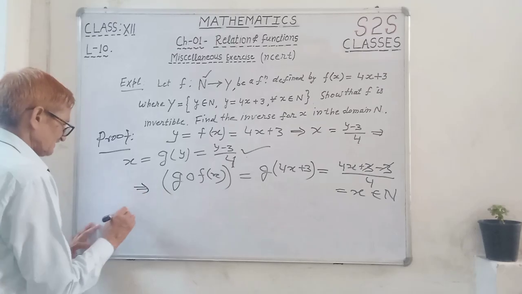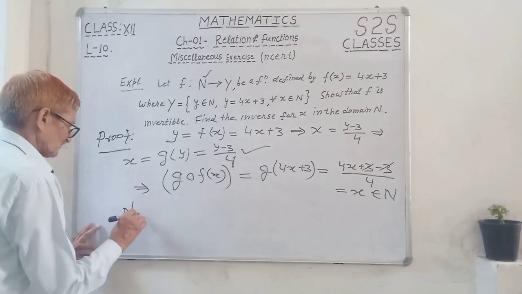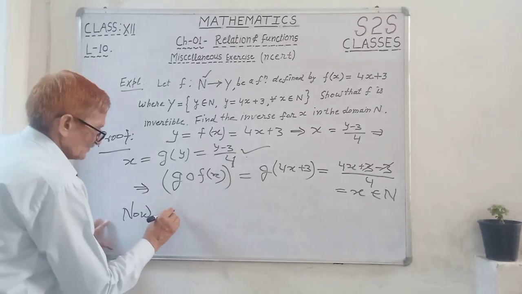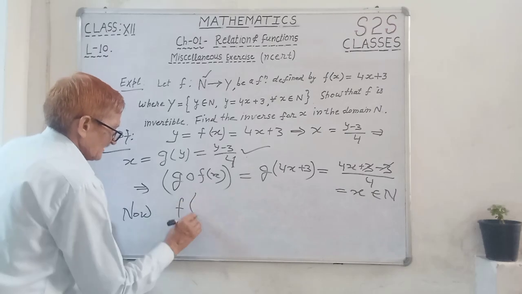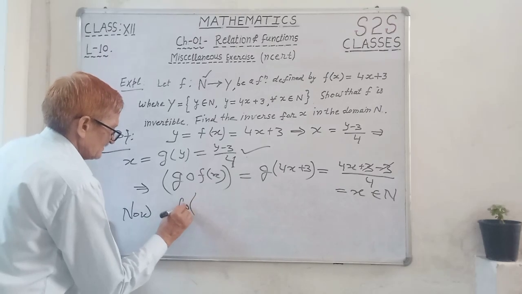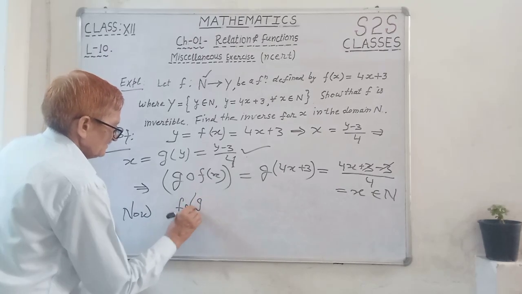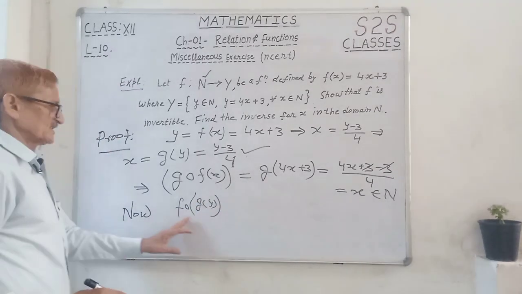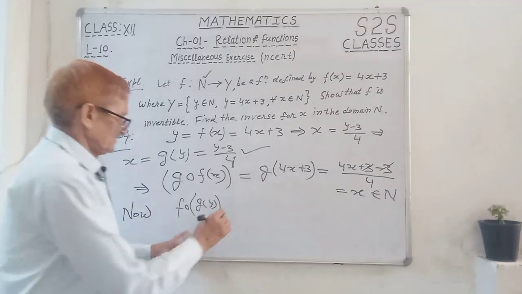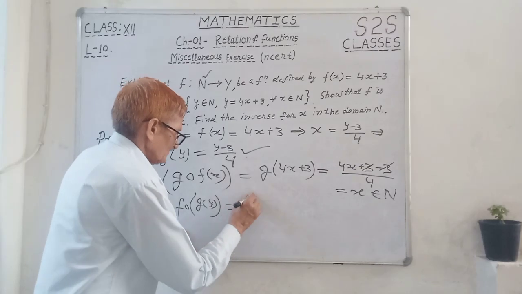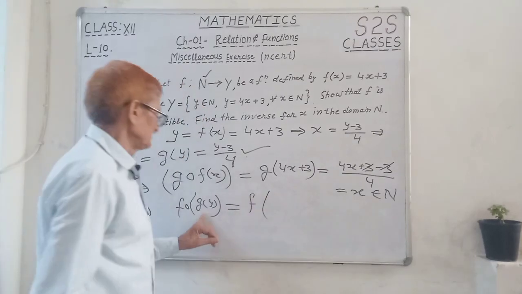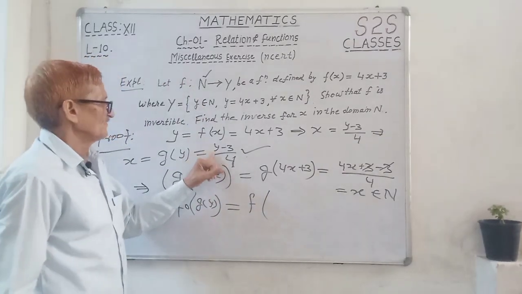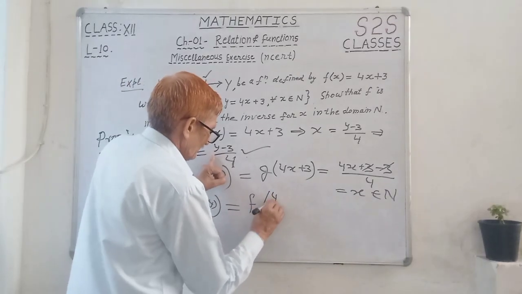After that, what do we have to show? We have to show that the function f operates on g(y). If function f operates on g(y), then what will come? What is g(y)? (y minus 3) upon 4.